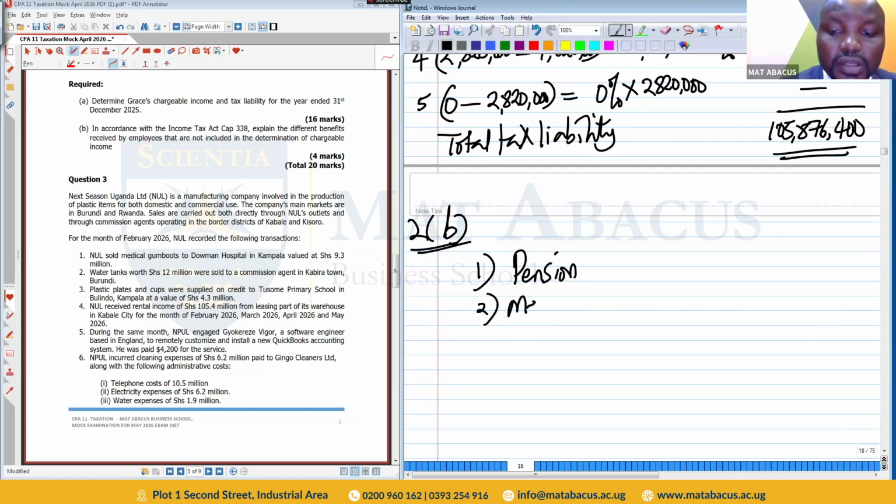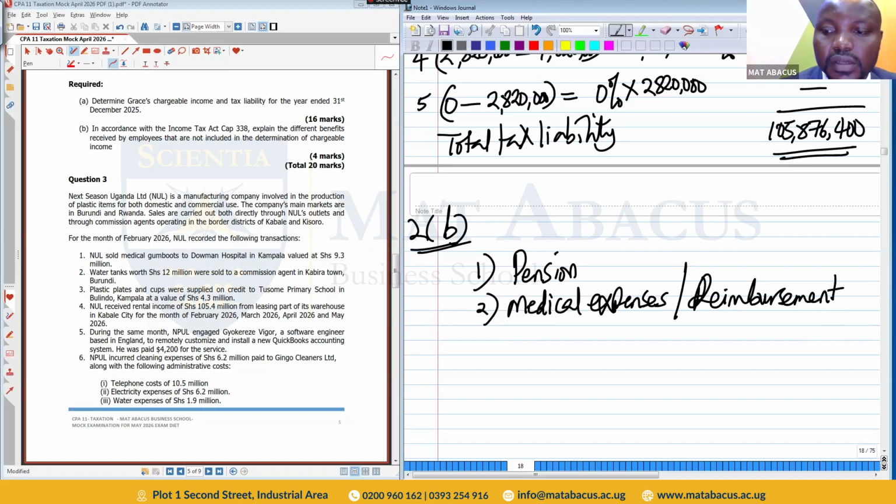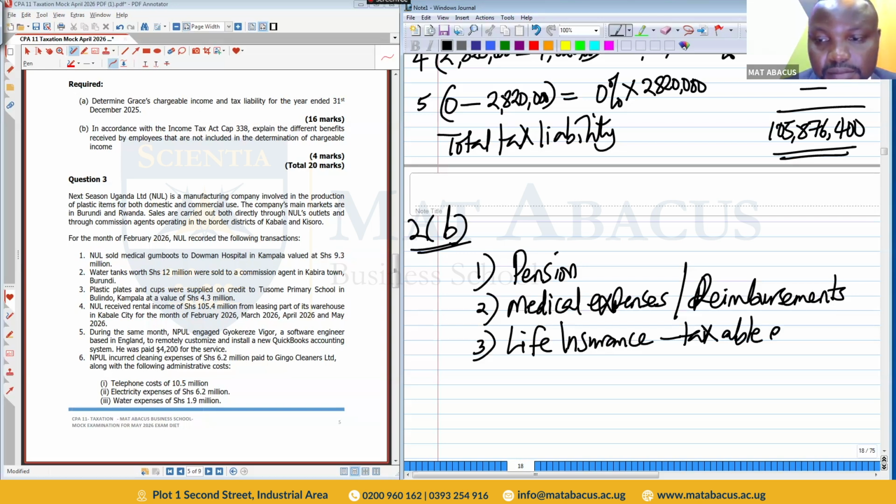Two, we have medical expenses, what we call reimbursements. Then three, we have what we call life insurance, so long as for taxable employers.